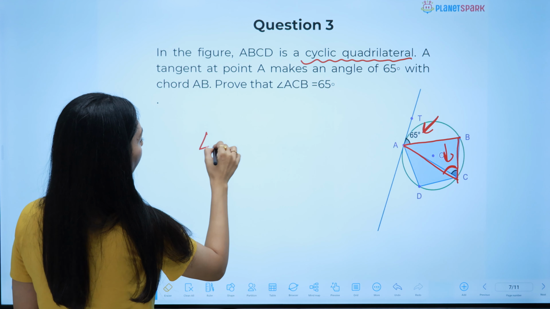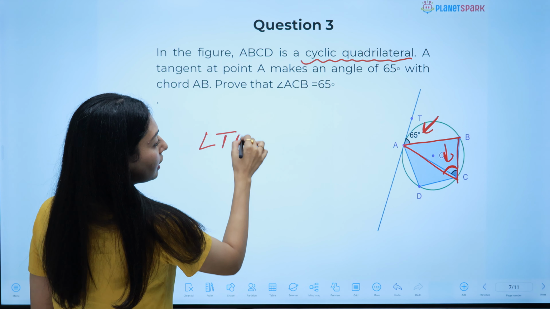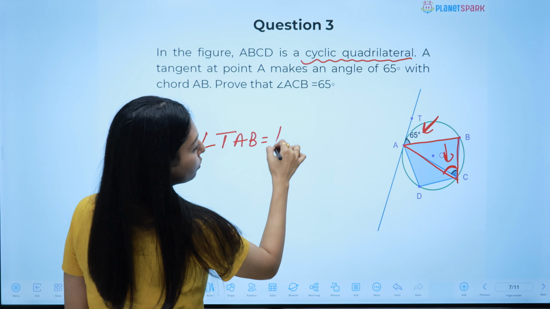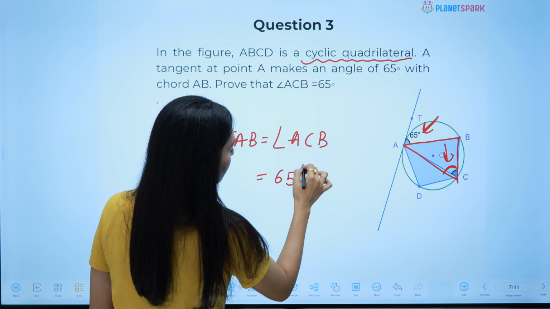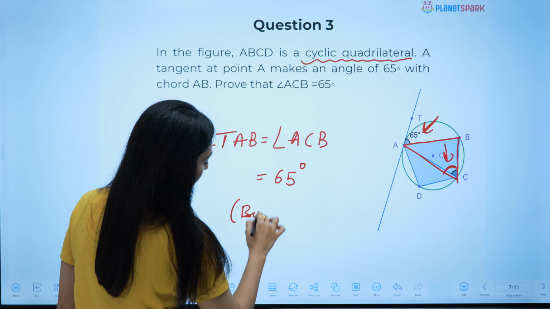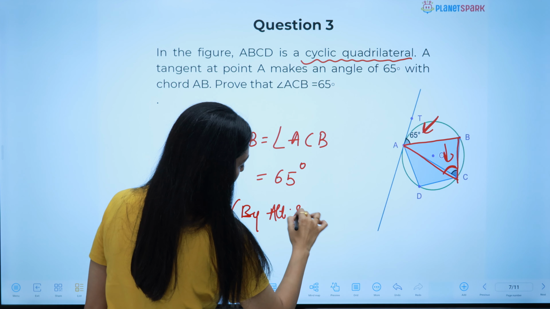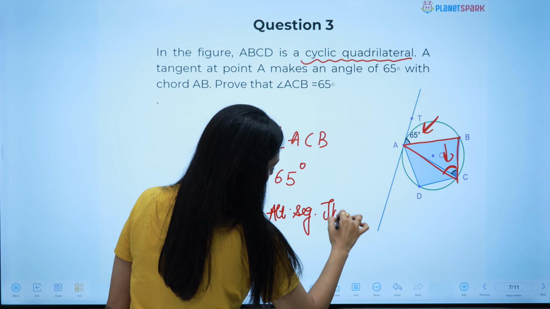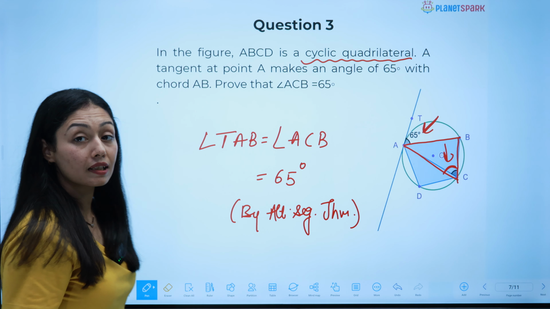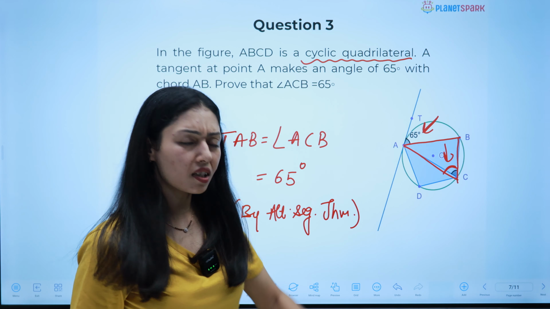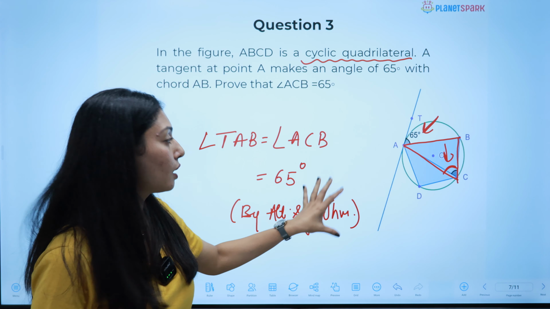That means angle TAB is equal to angle ACB. Both will be equal to what? 65 degrees by alternate segment theorem. Right? What did we have to find out? Angle ACB. We have to prove that it's 65. Hence, proved. Just write the reasoning properly.